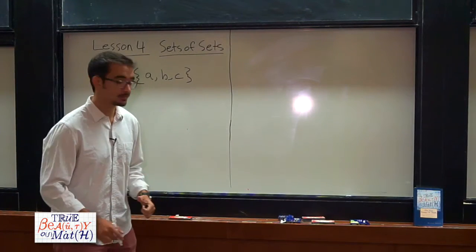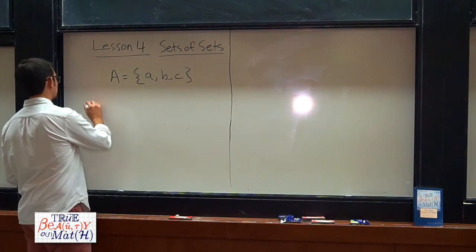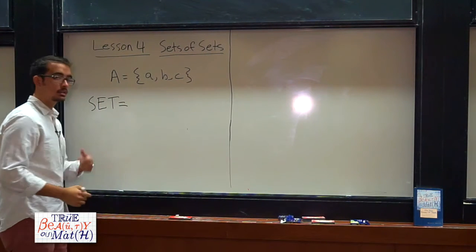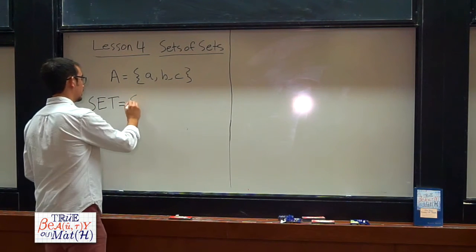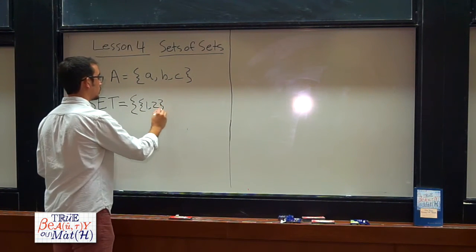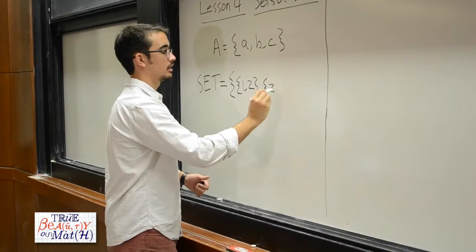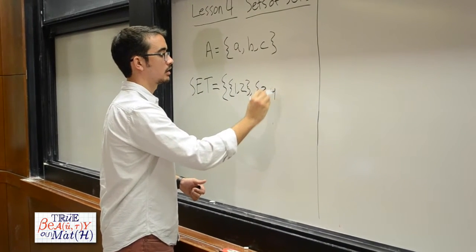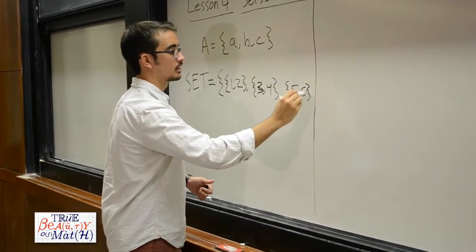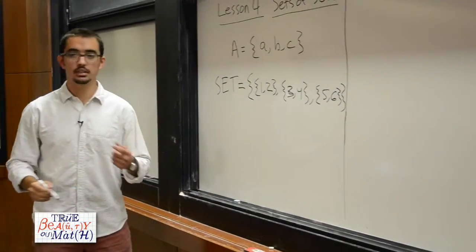For example, I can consider the set, which I'll call creatively set, whose elements are sets. Namely, I can consider the set whose elements are the set {1, 2}, the set {3, 4}, and the set {5, 6}. Now, it's important to distinguish two things.